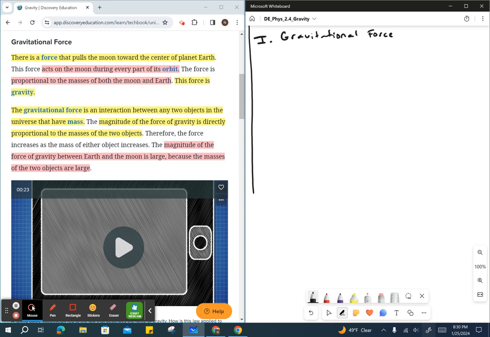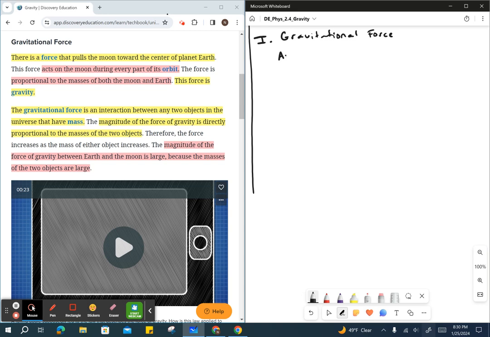This force acts on the moon during every part of its orbit. The force is proportional to the masses of both the moon and the Earth. This force is gravity. The gravitational force, second paragraph, is an interaction between any two objects in the universe that have mass. Maybe that's where we should start.